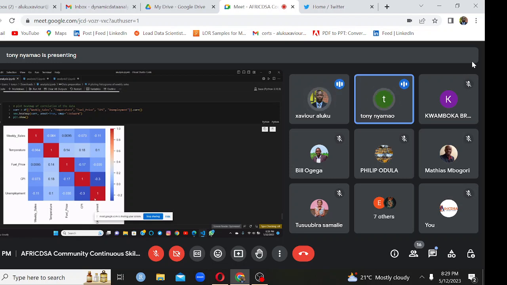Then I just want the statistics guys again to explain. Yes, I know everyone here who is doing our courses has done the statistic unit, but I'm more interested in those who are doing it recently. Maybe Tony, you can pick two variables and I pick someone so that they can explain to us what that correlation means.